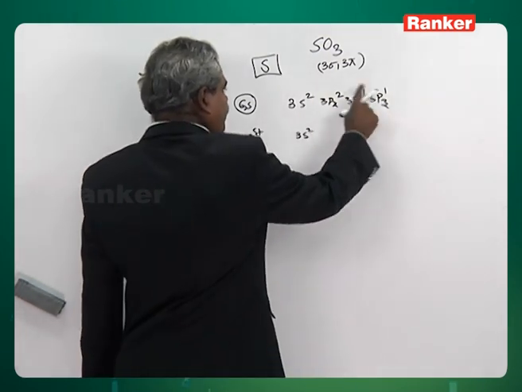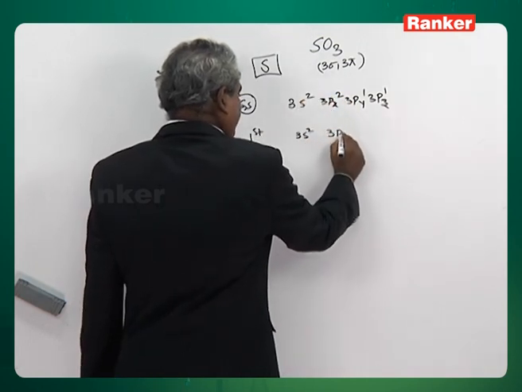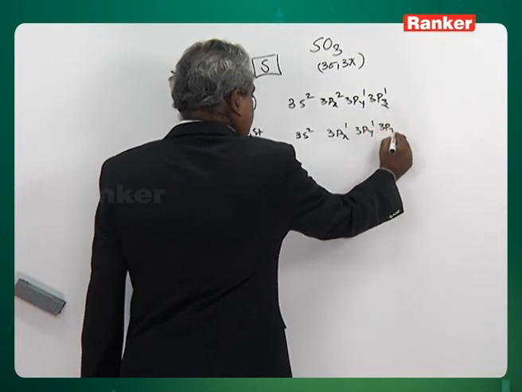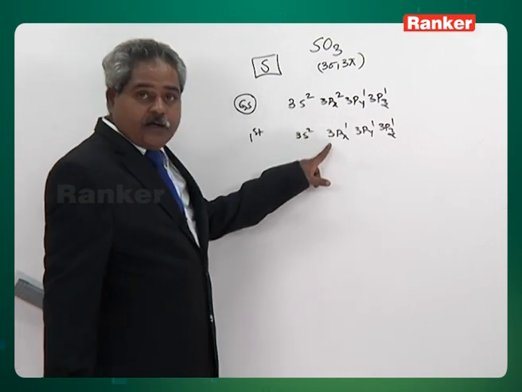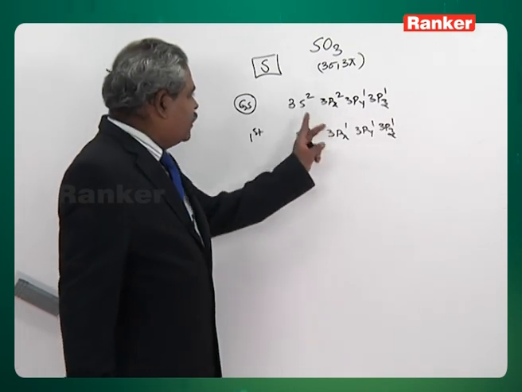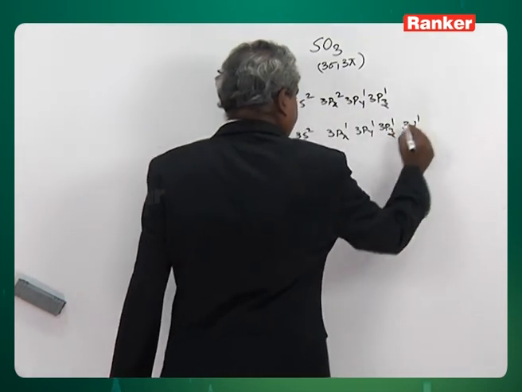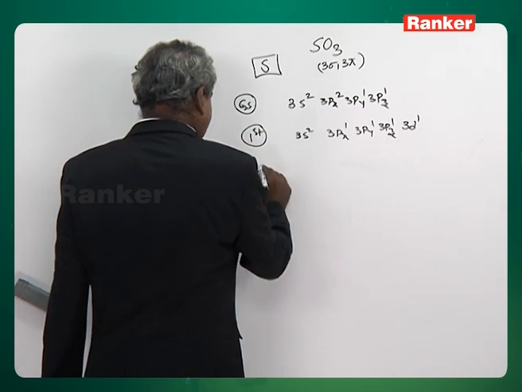3s2, 3px2, 3py1, 3pz1. Break this pair as well: 3s2, 3px1, 3py1, 3pz1. Look at this pair of electrons, it is no longer there. The pair has been broken, and take that to 3D, the next level, 3d1. First excited state. Second excited state.